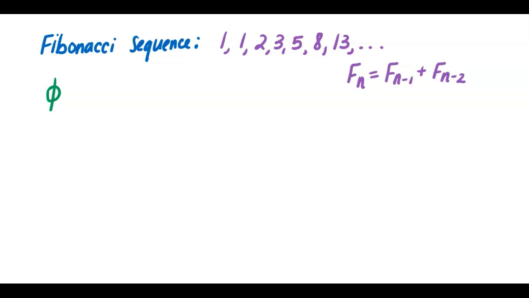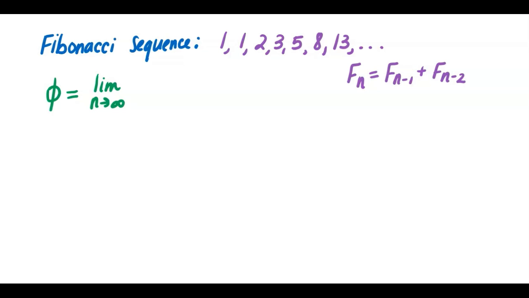So the number phi is defined by this. If I go out as far as we possibly can in the Fibonacci sequence, which means out to infinity, which is kind of thinking about a limit, the limit as n, the nth term, goes all the way out to infinity.